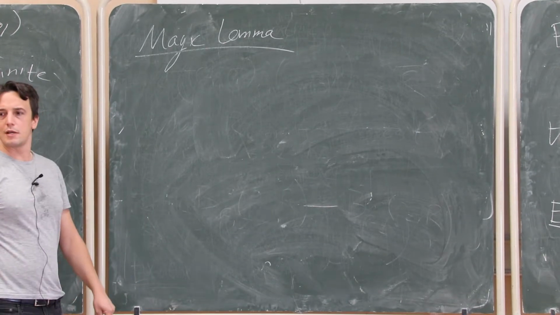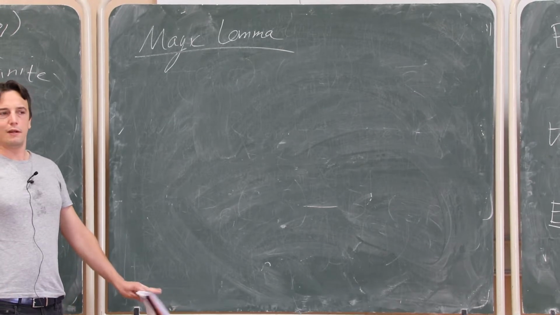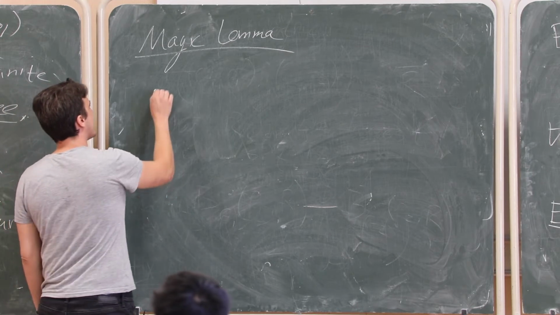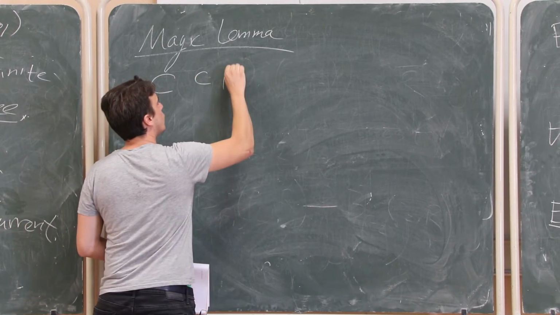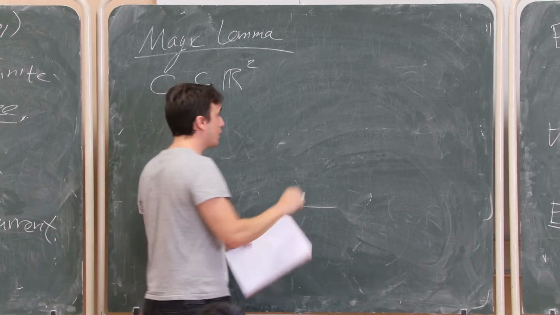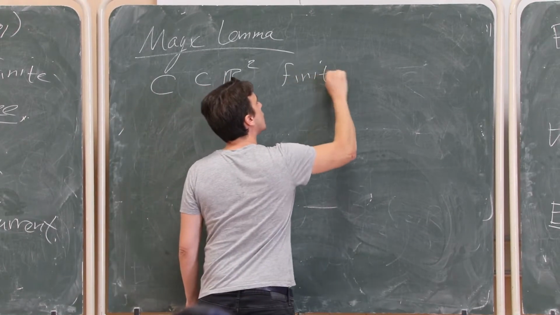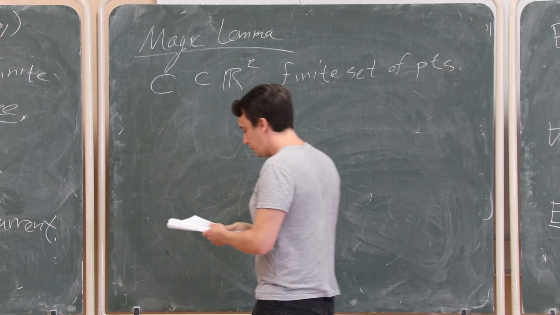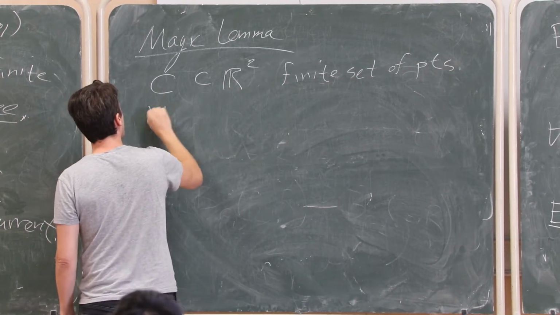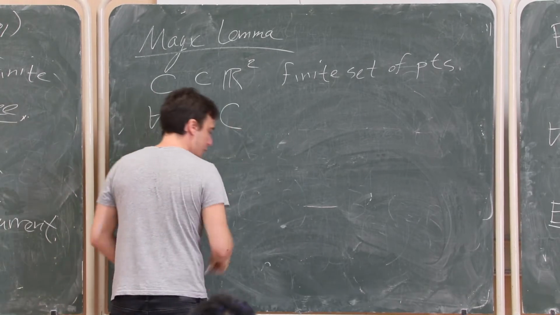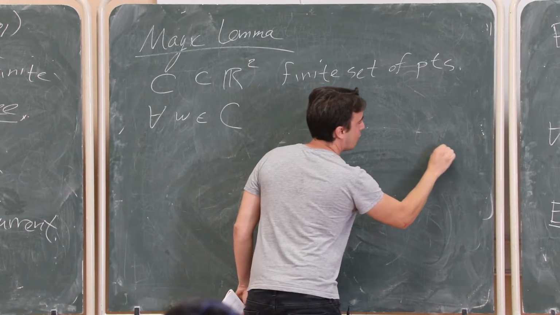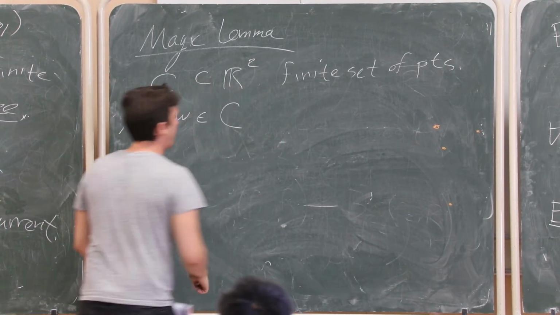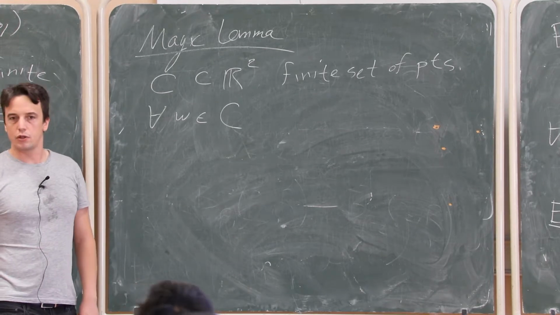The statement has no probability in it. It's just a completely geometric counting statement. You have a set C, a finite set of points in R2. Perhaps I'll draw some points on the board. For each point, you define the radius of isolation of the point.